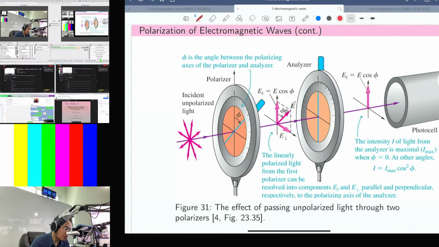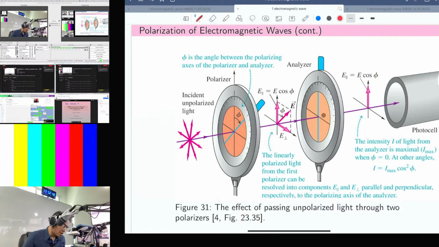We can decompose this vector to the vertical line and decompose this vector to the horizontal line. Once you have another filter, can you guess which component could be transmitted through this polarizing filter?